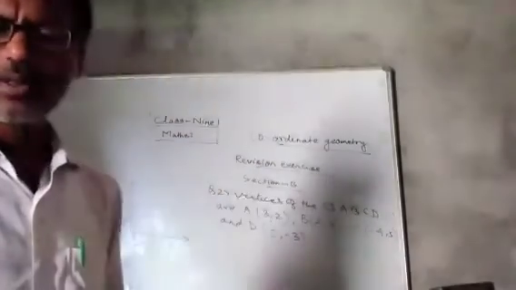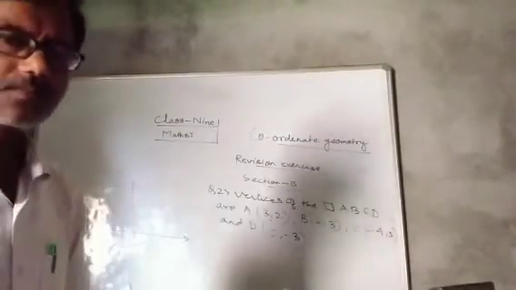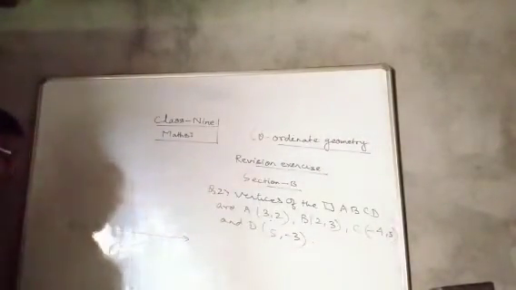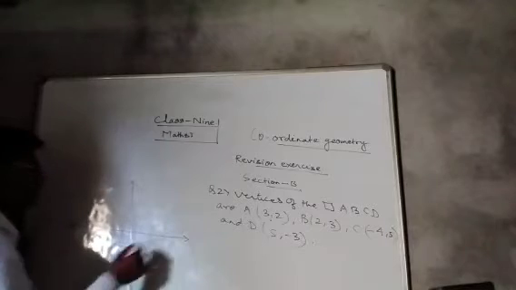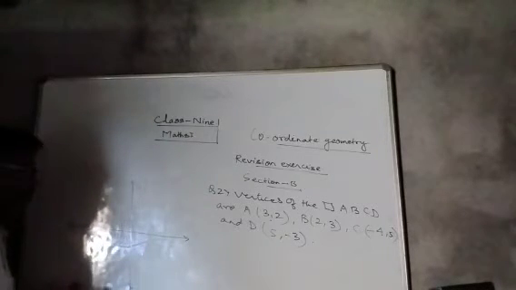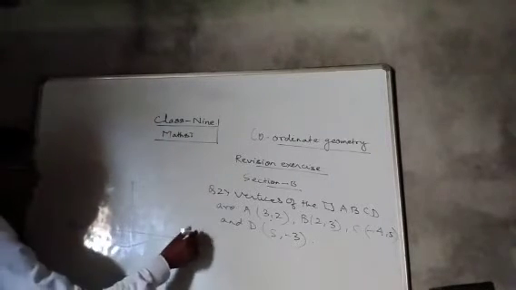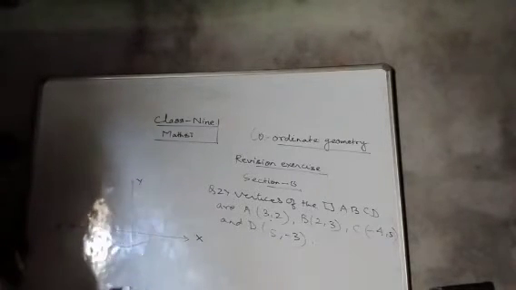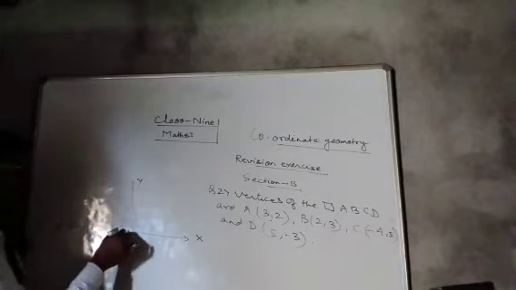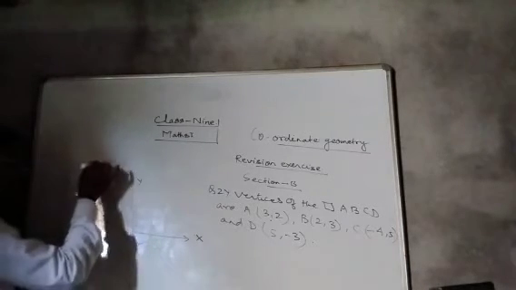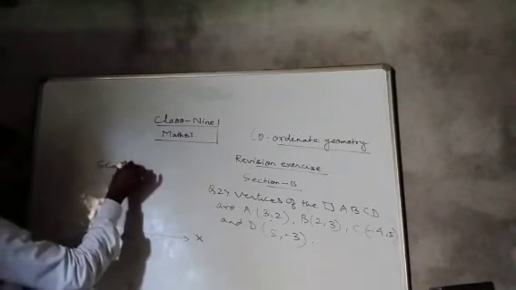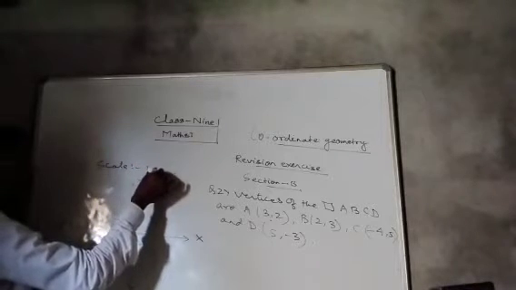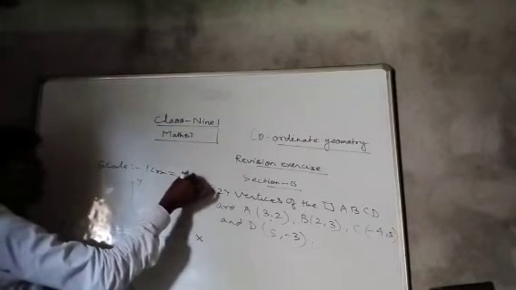Okay, so let's do it. We draw the coordinate axes, say x axis and y axis. This is the origin. We take a suitable scale, the usual scale of 1 centimeter equal to 1 unit on each axis.